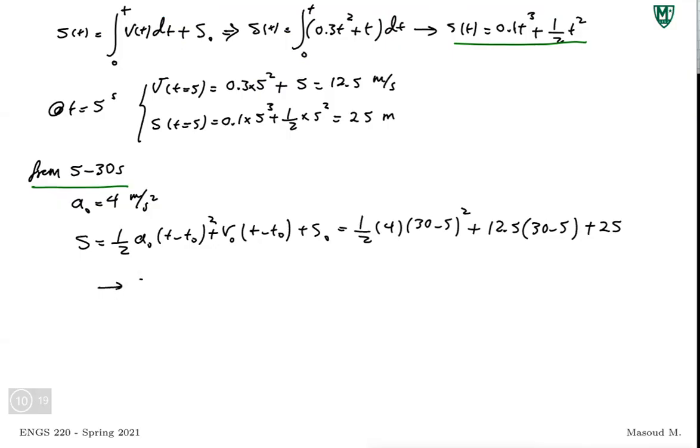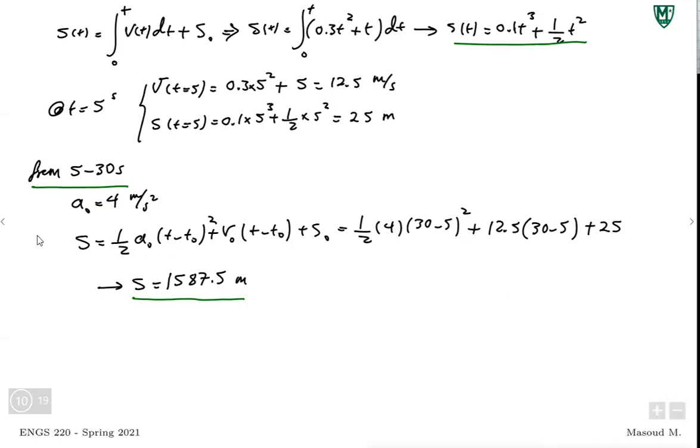You do all the calculations, and s becomes 1,587.5 meters. That's how much the plane has traveled.